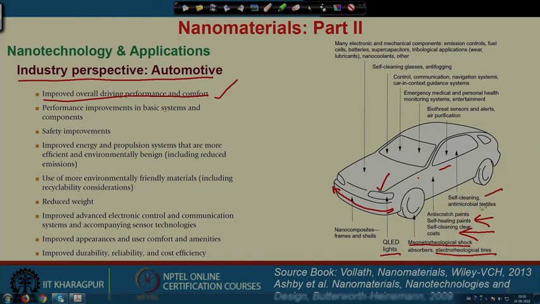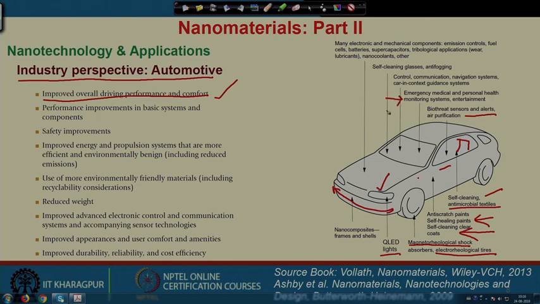So, self cleaning, or let us say there are seats inside. Those seats could be antimicrobial textiles, which is very important. Biothreat sensors or alerts, air purification, many sensors we can use with this nanotechnology.